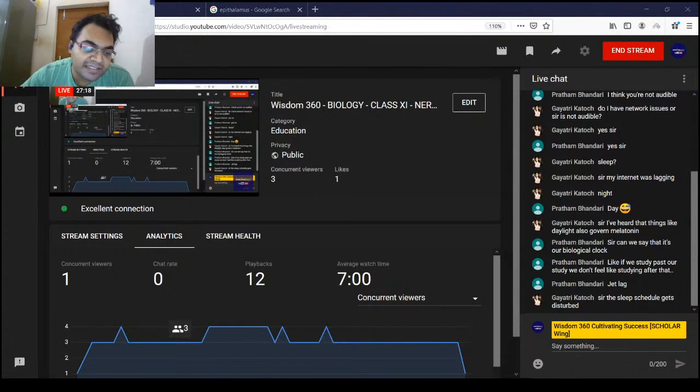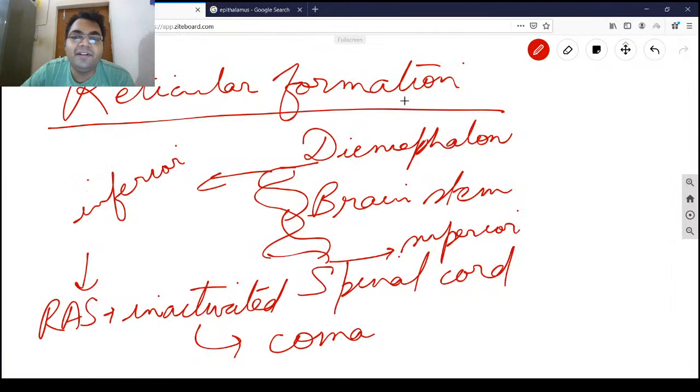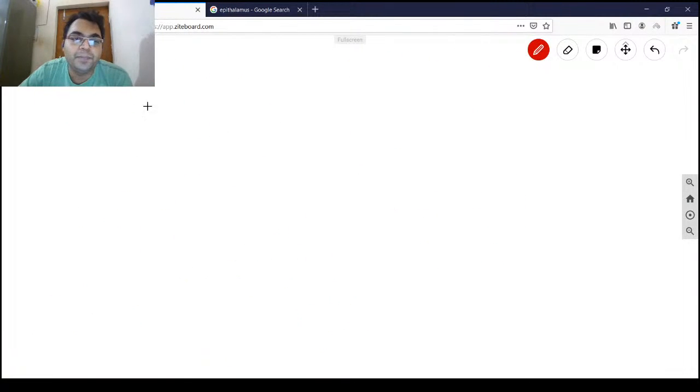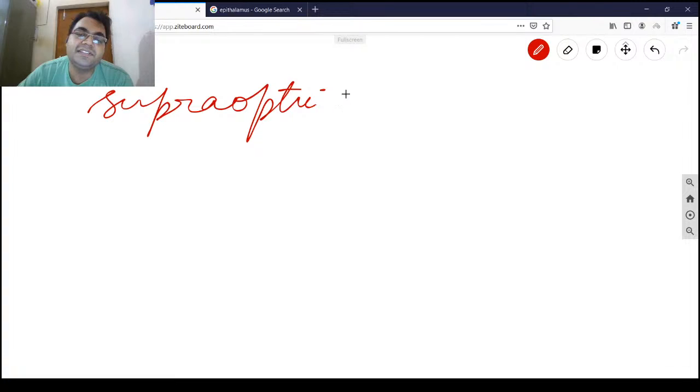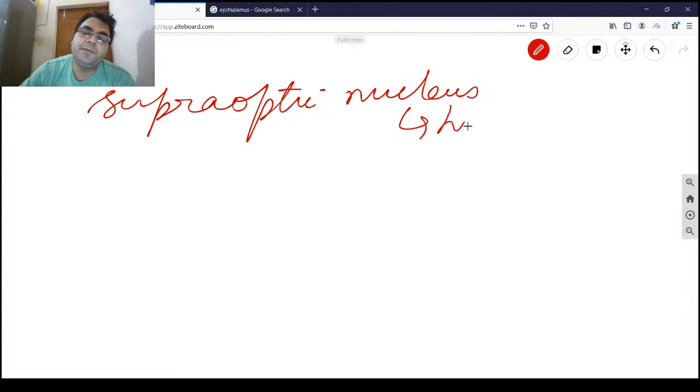Two nuclei which are asked in the NEET examination from here are the supraoptic and paraventricular nucleus. So you have the supraoptic nucleus present in the hypothalamus.